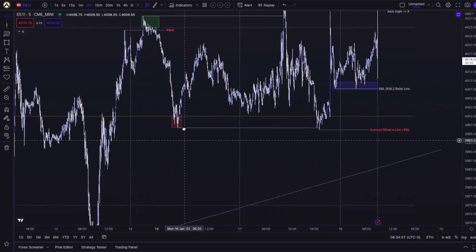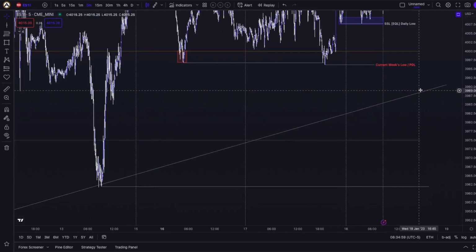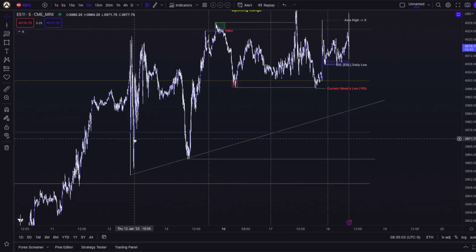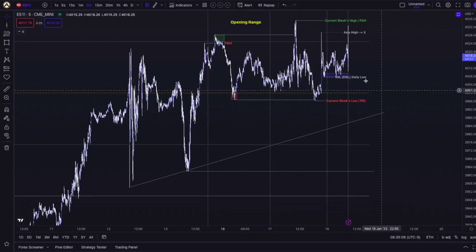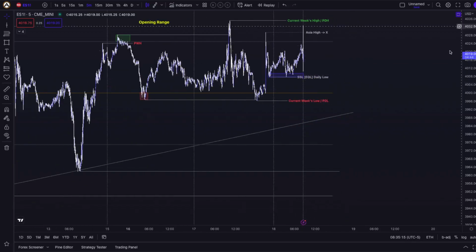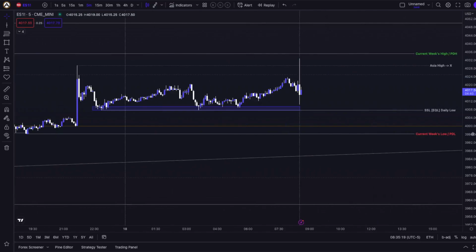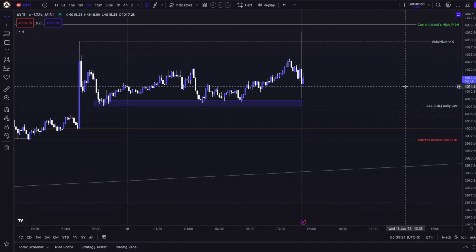US 30 already took out this low, so we could see a potential drop to our previous week's low. That's Friday. Now this is our previous week's low. So there's a ton of space further to the downside. And I don't like this consolidation movement here in a bigger picture. Also on a higher time frame, it doesn't look very appealing to trade.